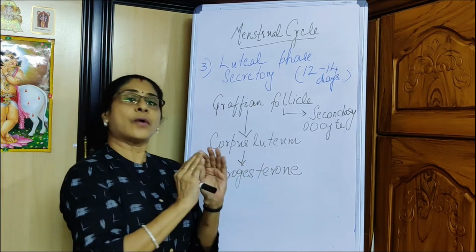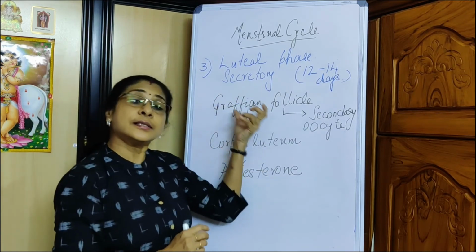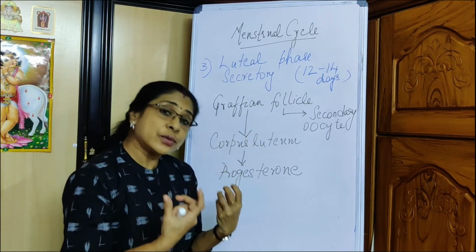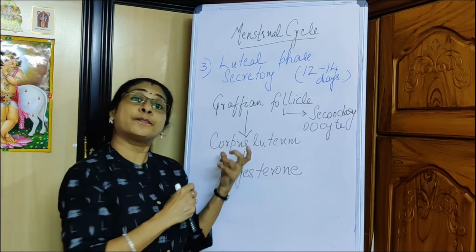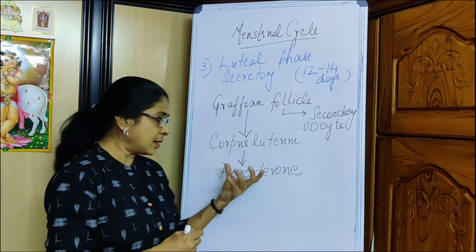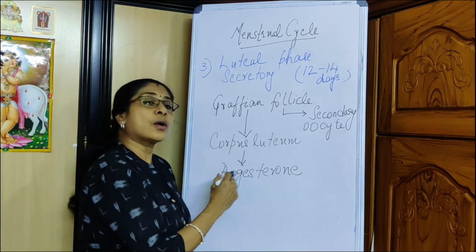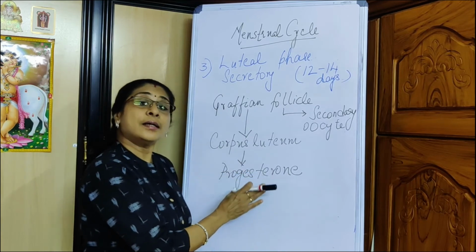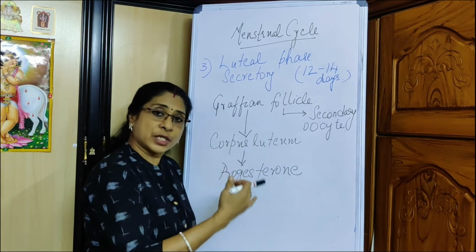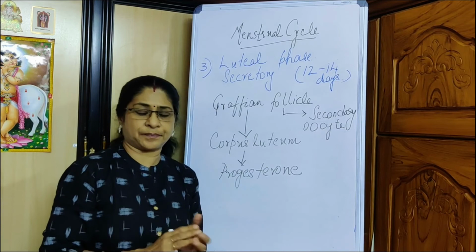The Graafian follicle remains in the ovary, and it is now converted into another endocrine gland called the corpus luteum. The corpus luteum produces the next female sex hormone called progesterone. Under the influence of progesterone, once again a number of changes are observed in the female reproductive system.